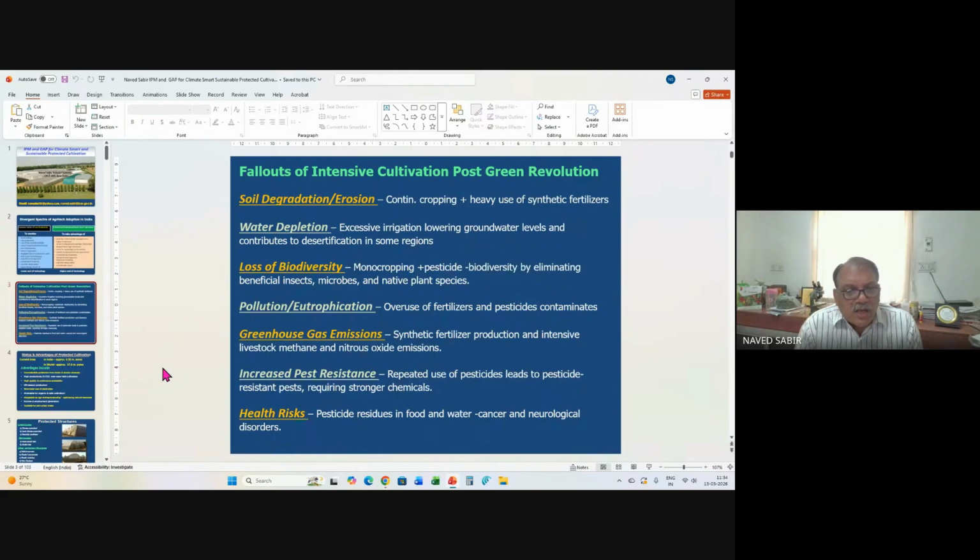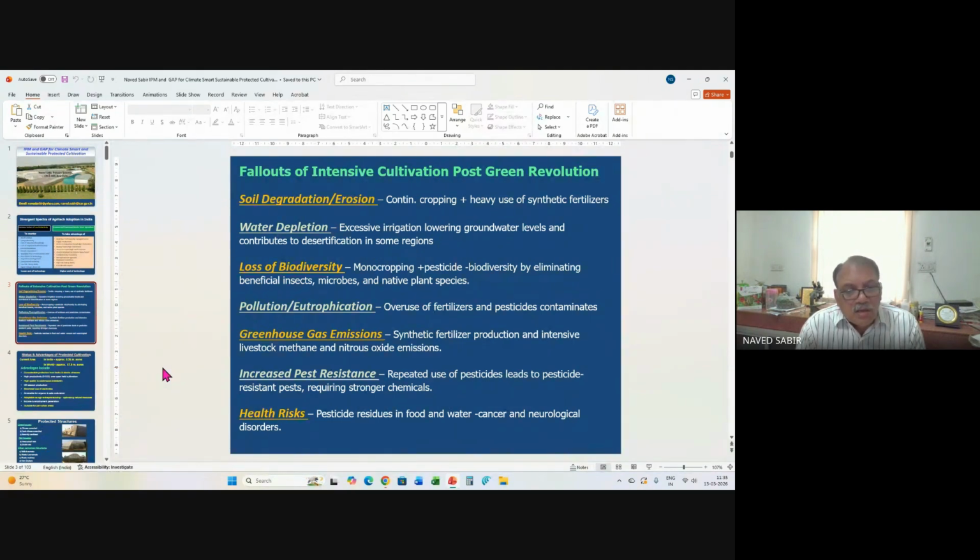Then even in agriculture, the pollution due to leaching of nitrates was happening. So the pollution, eutrophication, and greenhouse gas emissions were very, very day-to-day problems for the nation at large, in totality. Not that the individual farmer was facing these problems. Then increased pest resistance.